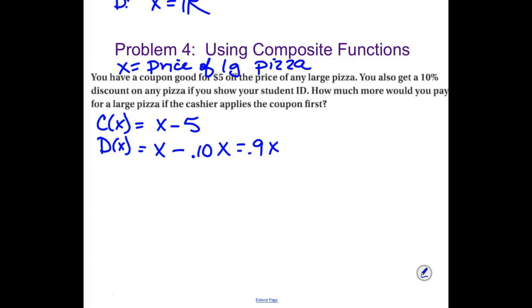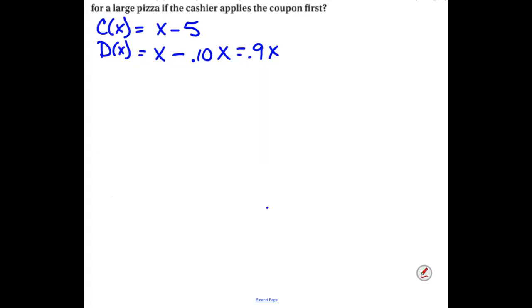Okay. So now we have to do two different compositions. If we do the coupon first, that means we are going to take our original price, we are going to apply the coupon to that. Then we're going to take that total and apply the discount to that.